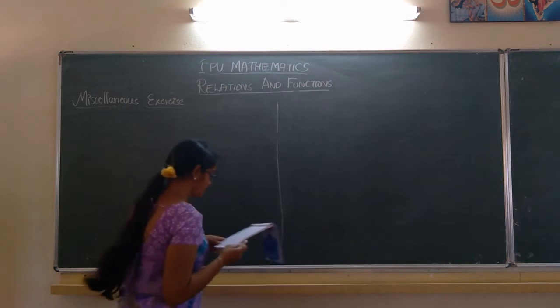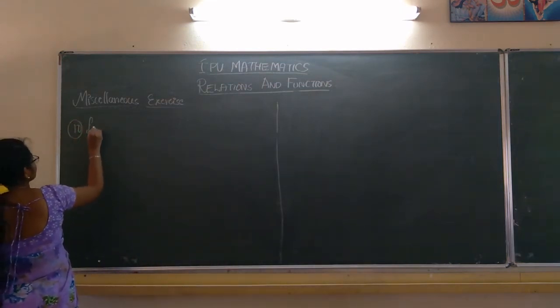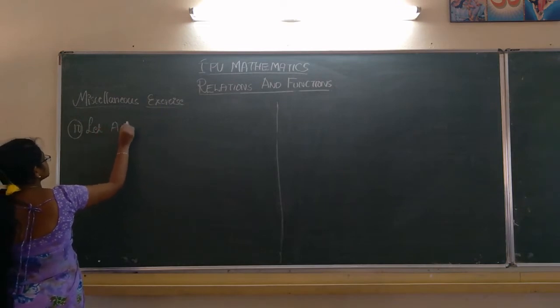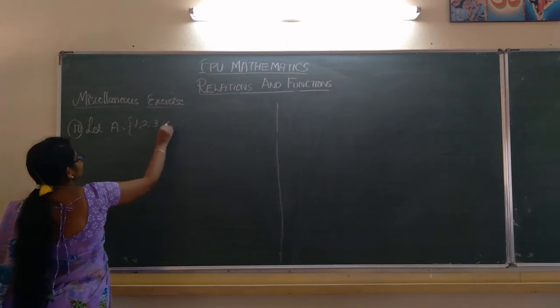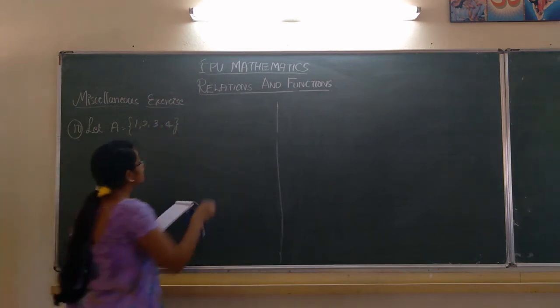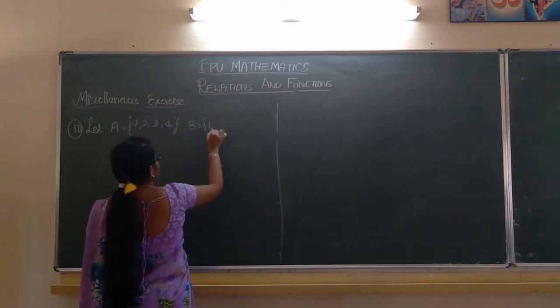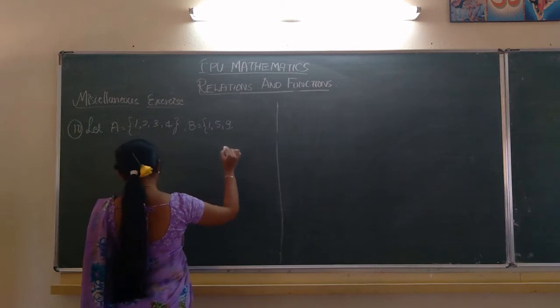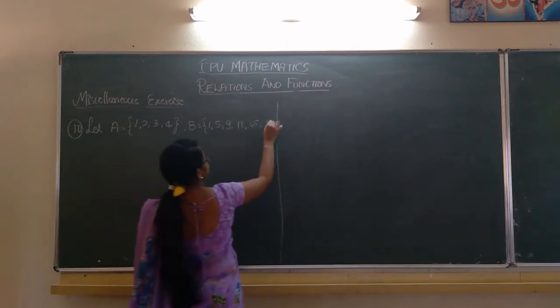Next problem is the 10th one. Let A be the set 1, 2, 3, 4, consisting of 4 elements, and B is a set consisting of 1, 5, 9, 11, 15 and 16.